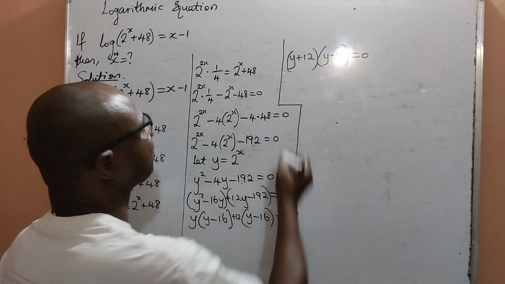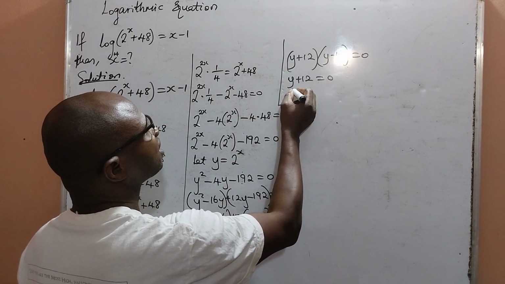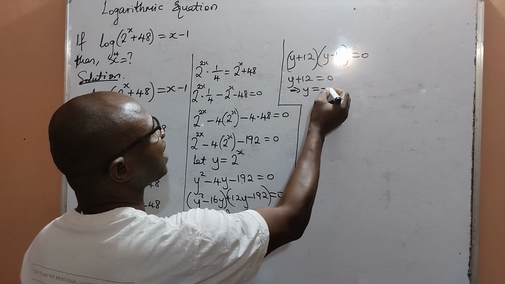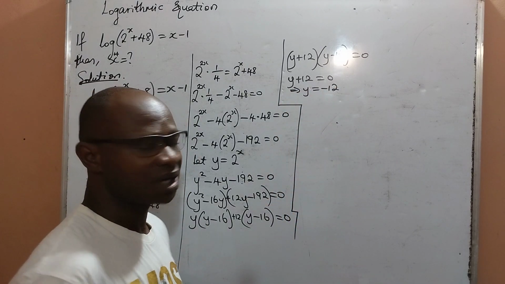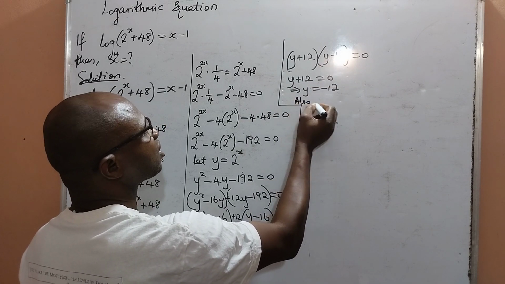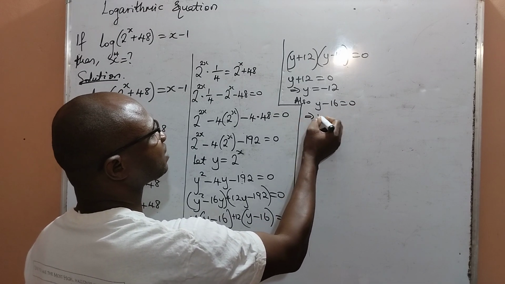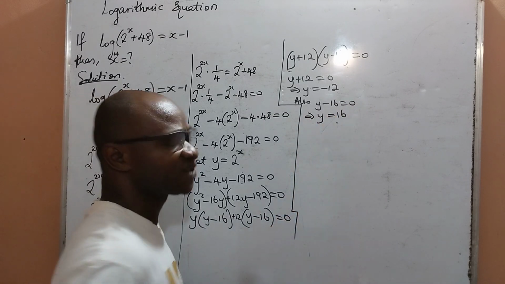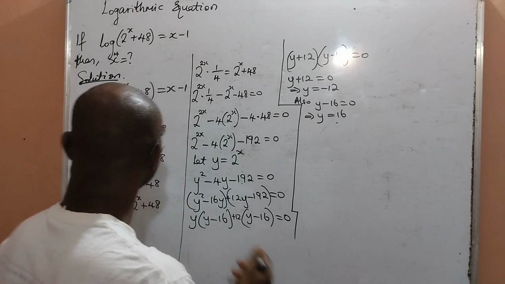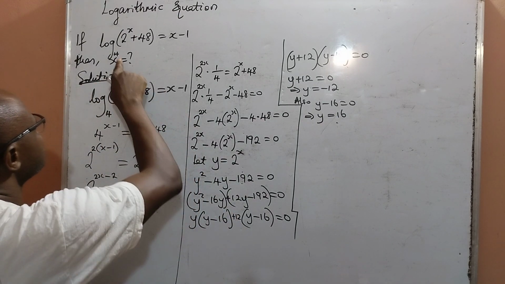This implies that the first bracket, y plus 12, is equal to 0, implying that the value of y should be negative 12. And for the second bracket, also, y minus 16 is equal to 0, meaning that y is equal to positive 16. Remember, I am asked to find the value of x, what x should be.